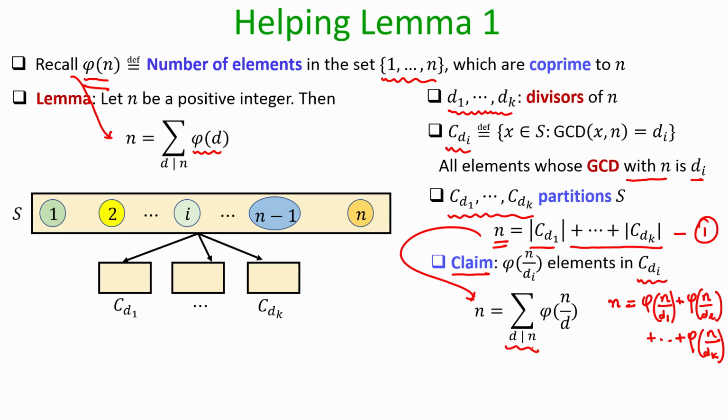That is what I have written here. You take n as the summation over various divisors of n, and then you sum over the Euler-Totient function for various n over d's.